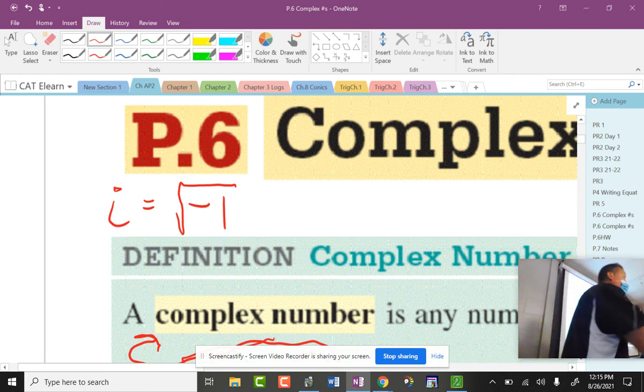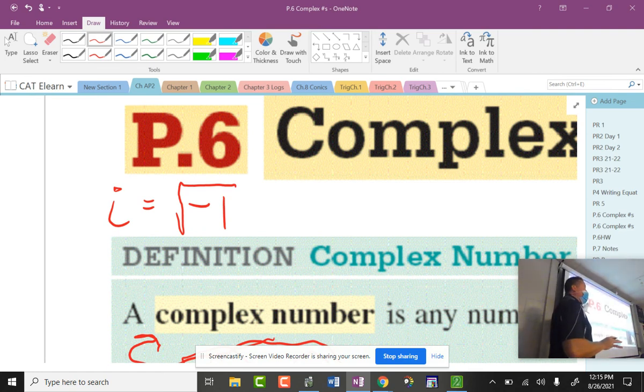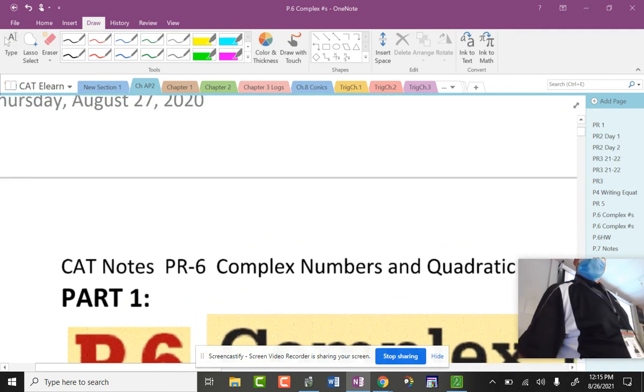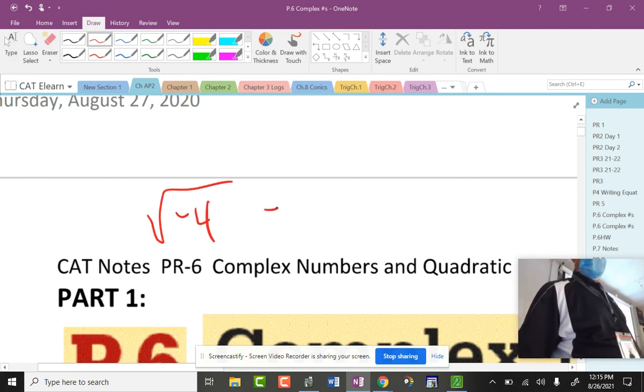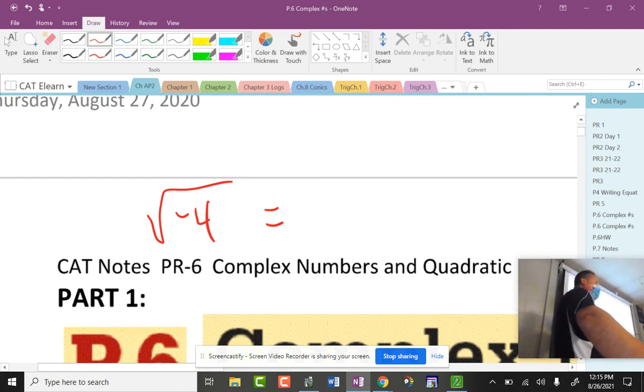So what did somebody do? They said, you know what? Let's just call that something so that we can isolate it and get it out of the way and then be able to deal with the number after that. So for instance, what's the square root of -4? Well, I can't evaluate that. 2 times 2 is 4. -2 times -2 is 4. Doesn't work.